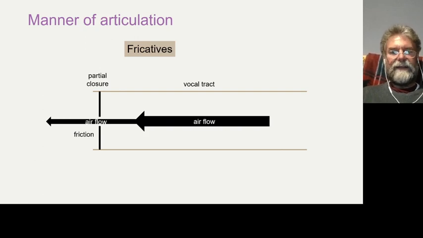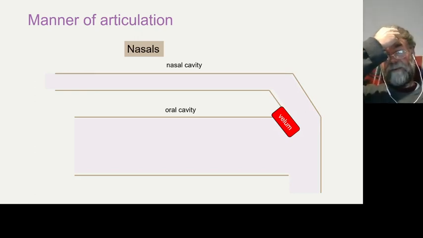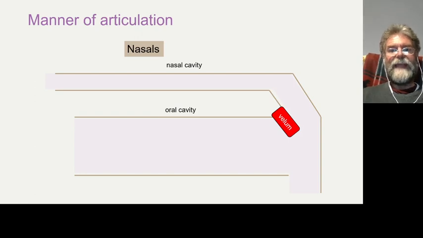Okay, those are fricatives. Now, another kind of sound is known as nasals. We've said that there are two ways for air to escape from the lungs: one through the oral cavity and one through the nasal cavity. The velum plays an important role in determining where the air is flowing.